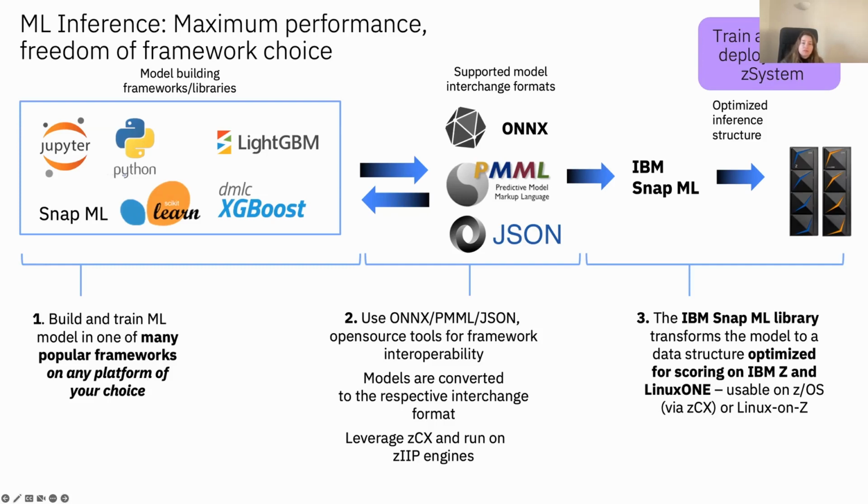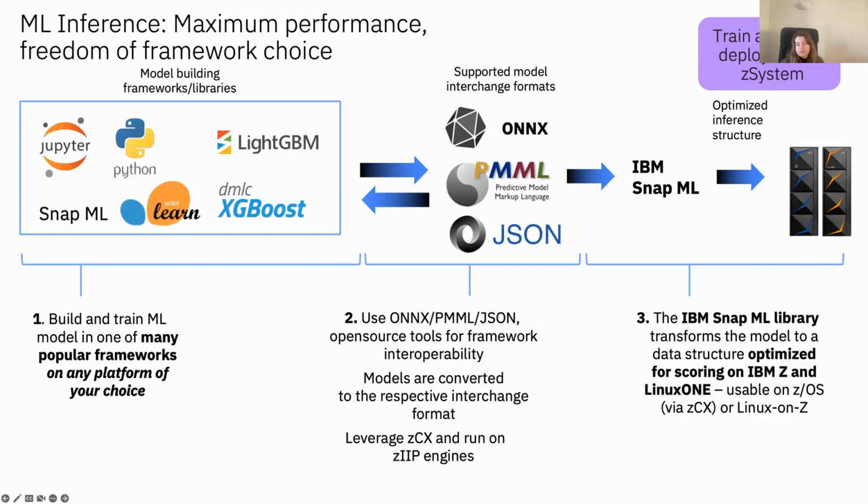And when you're saving the models into ONNX format or PMML or JSON, then you can run the model on Z without any changes, without any differences.